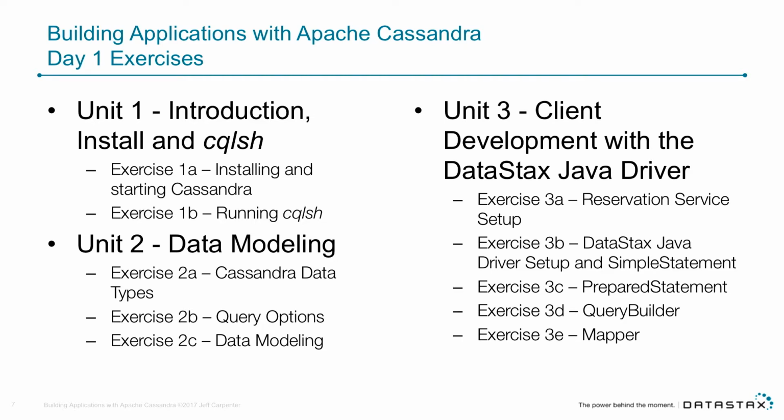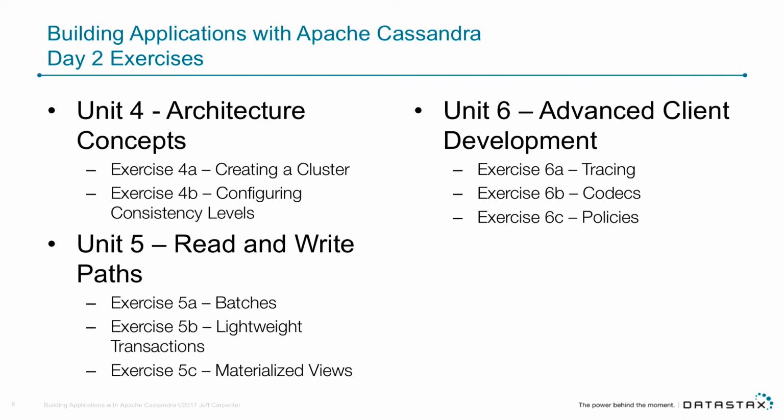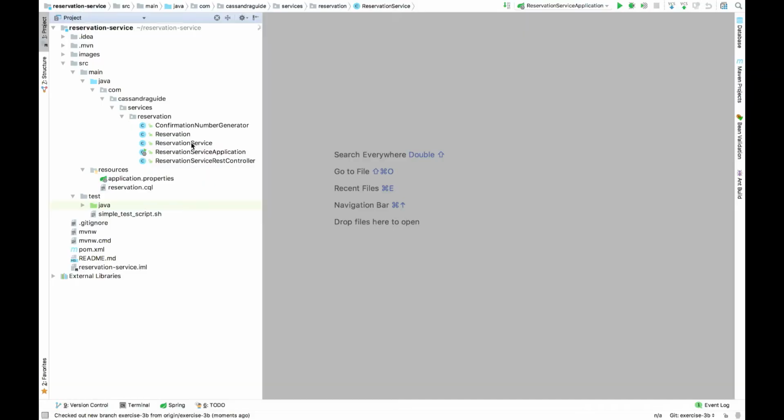Exercise 3B is the first example that contains a code sample. The branches that you have available to you in the Git repo start with exercise 3B and go through 3B to 3E. Similarly, there are exercises that are numbered in the 4, 5, and 6 range, and these are the branches that you'll see available to you.